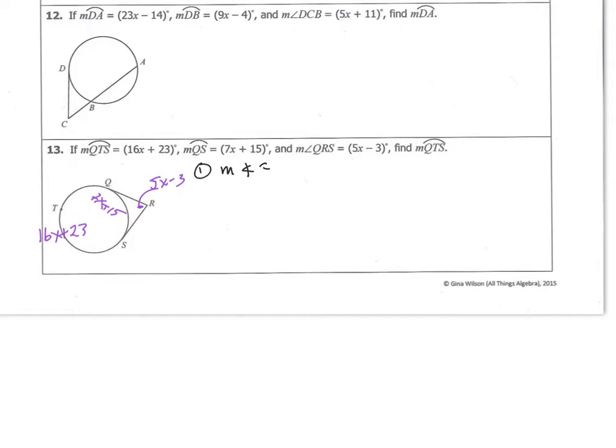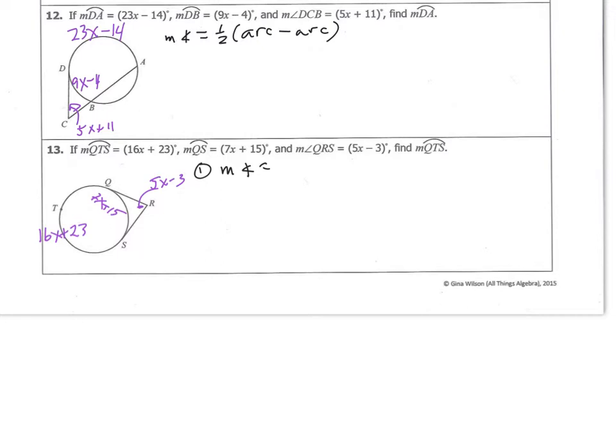So then arc DA is 23x minus 14. And then arc DB is 9x minus 4. And then DCB right here is 5x plus 11. So we're going to take the measure of our angle. It will be equal to 1/2 arc minus arc, right?